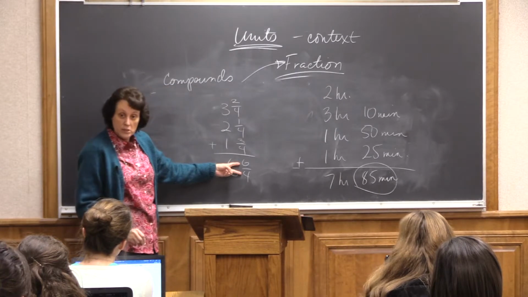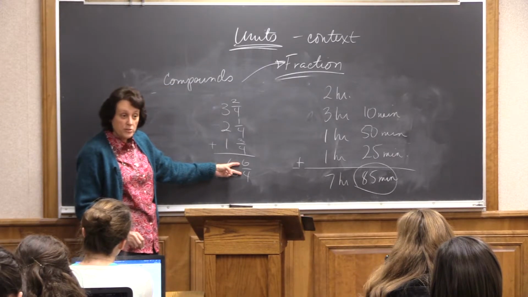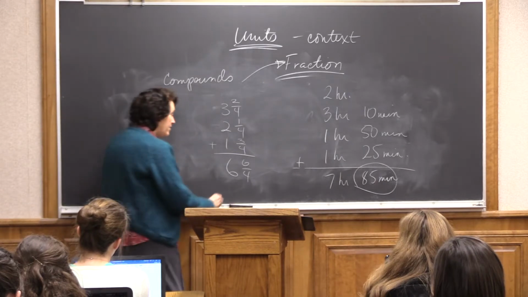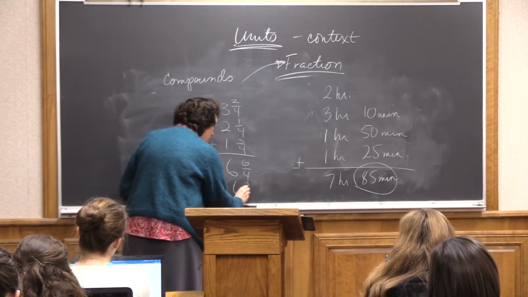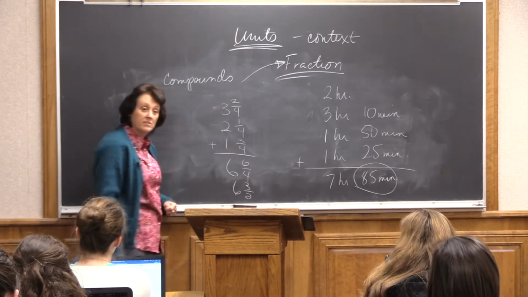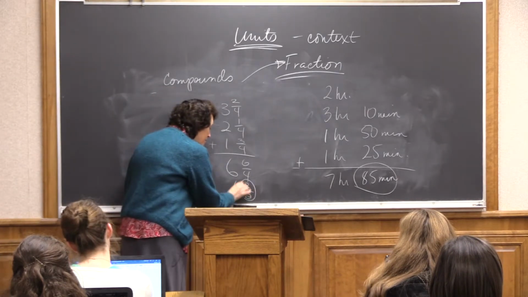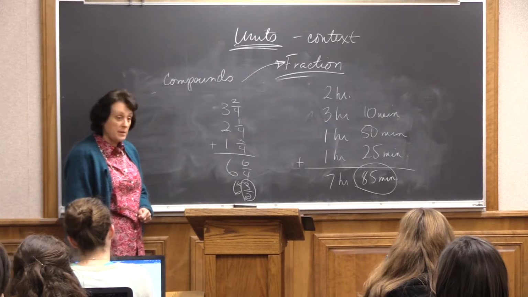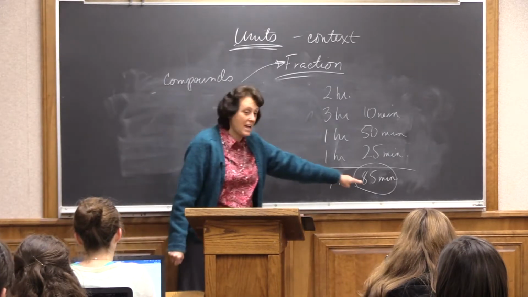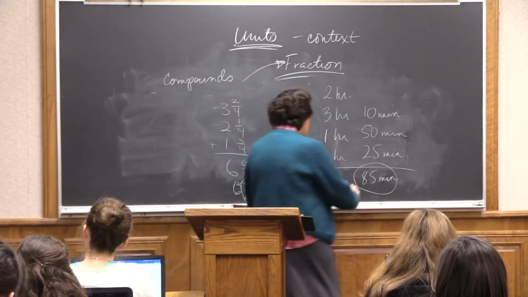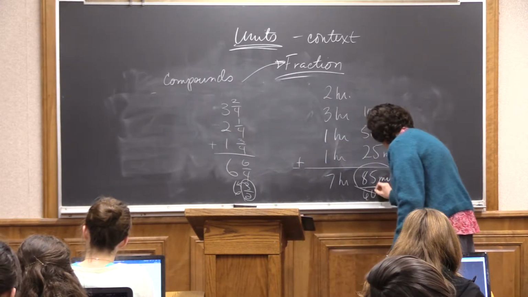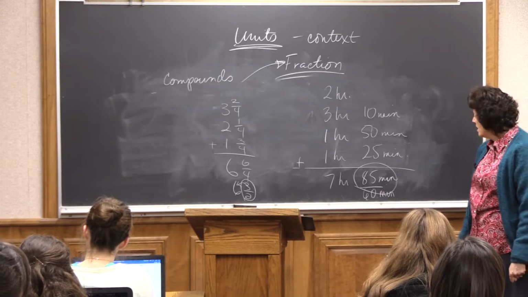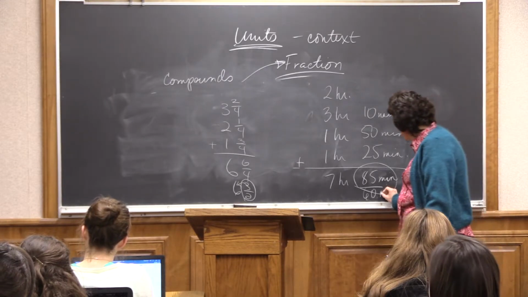This has to be reduced, yes, but it also has to be reconciled. I'm not going to do 6 and 3/2 for a final answer. So just like with mixed numbers, we have to take care of the improper fraction. This is just like having an improper fraction, isn't it? So that means I have to convert this.